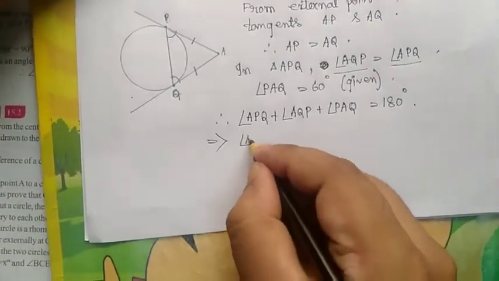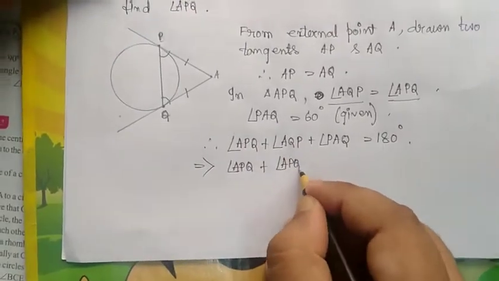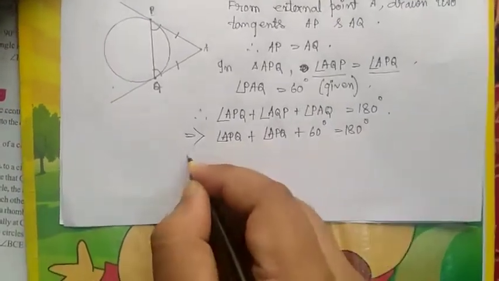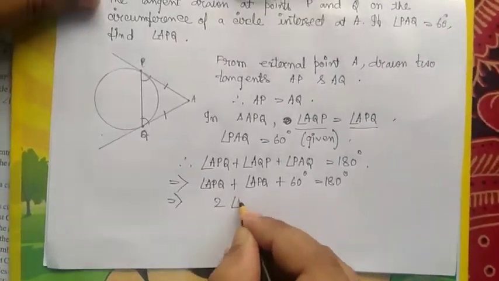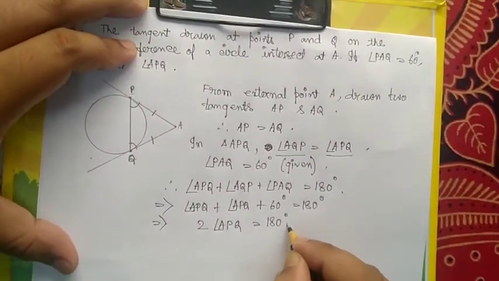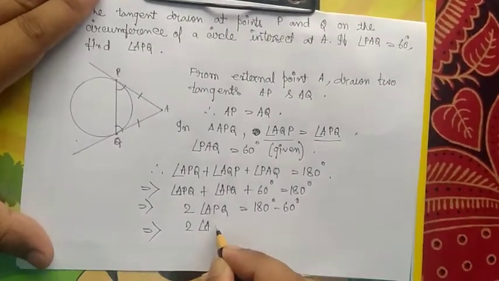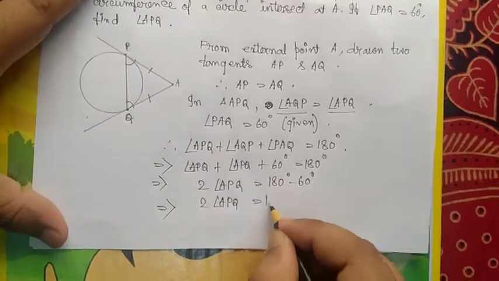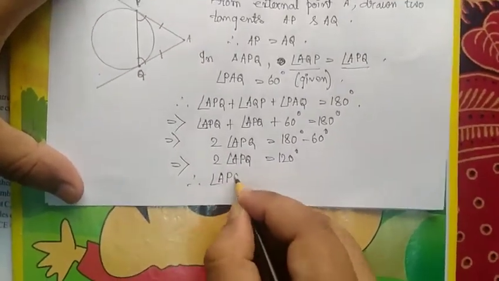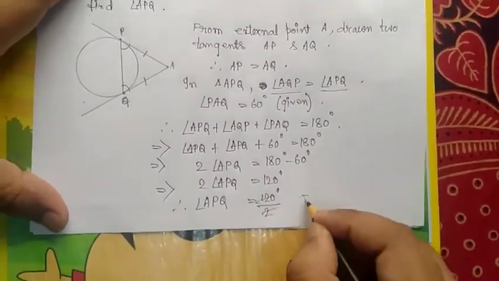So APQ plus APQ plus PAQ, which is given as 60 degree, equal to 180 degree. So two angle APQ equal to 180 degree minus 60 degree, which is two angle APQ equal to 120 degree, therefore angle APQ equal to 120 degree by 2 equal to 60 degree.